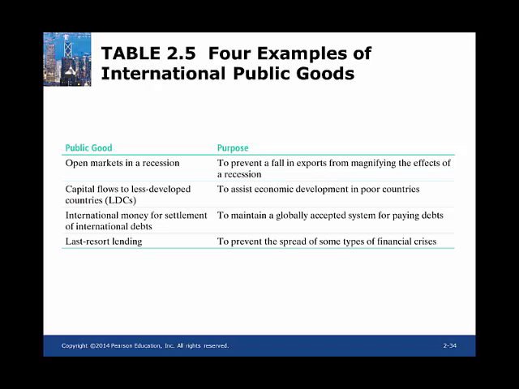Third type of public good, international money for settlement of international debts. To maintain a globally accepted system for paying debts. And the fourth example of international public good is last resort lending to prevent the spread of some types of financial crisis.